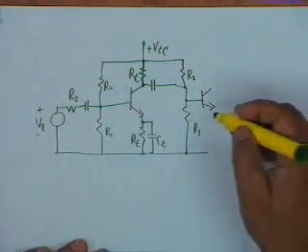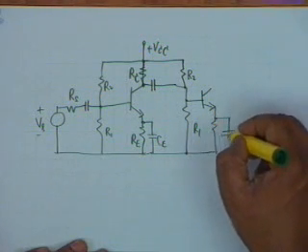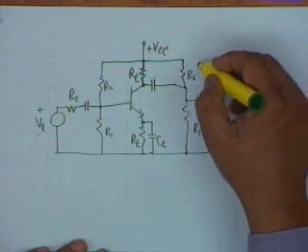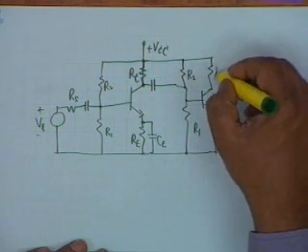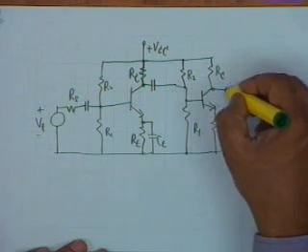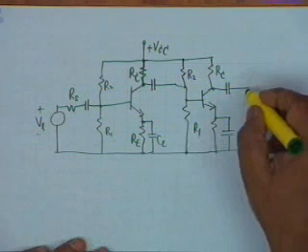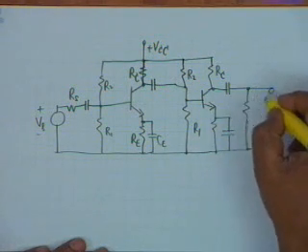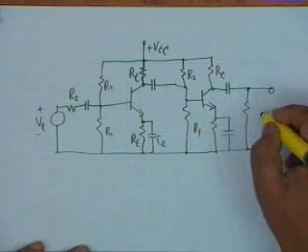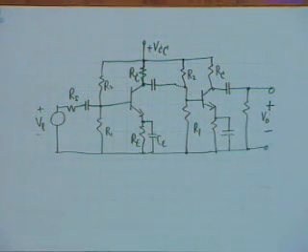And then there is a resistance here shunted by a capacitance, and there is another resistance here, R sub C. Finally, you have a coupling capacitor and the load RL. This is a typical two-stage RC coupled amplifier. Let us say the root mean squared value of the voltage here is V0.